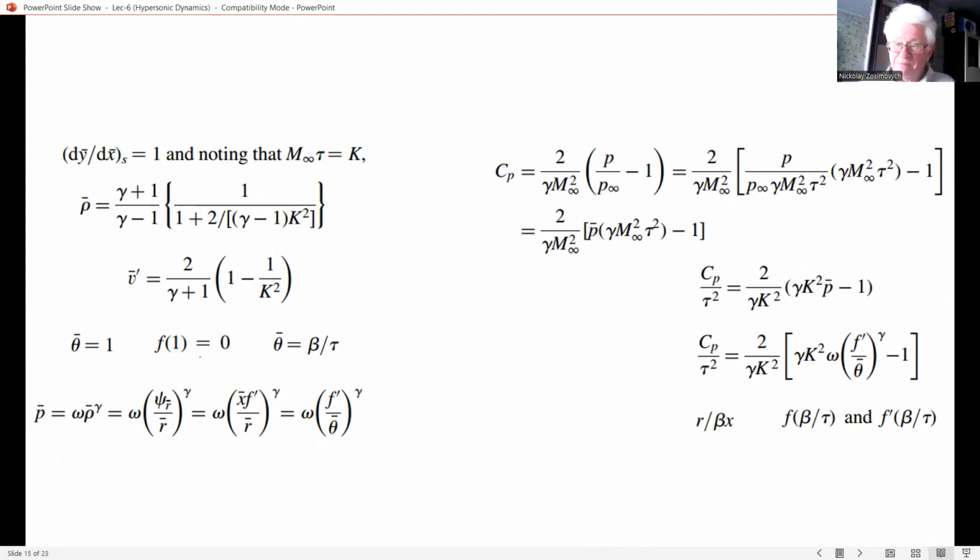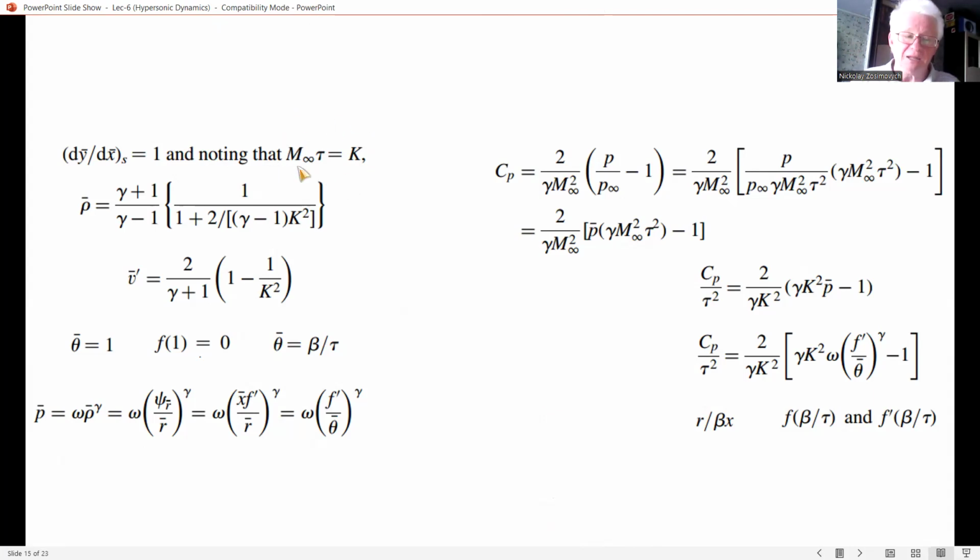And k must be proportional to M infinity times tau throughout our development, because such usage was introduced right from the beginning of today's lecture, and has to do with hypersonic similarity, where k was initially defined as this, I remember, yes, M infinity times tau.